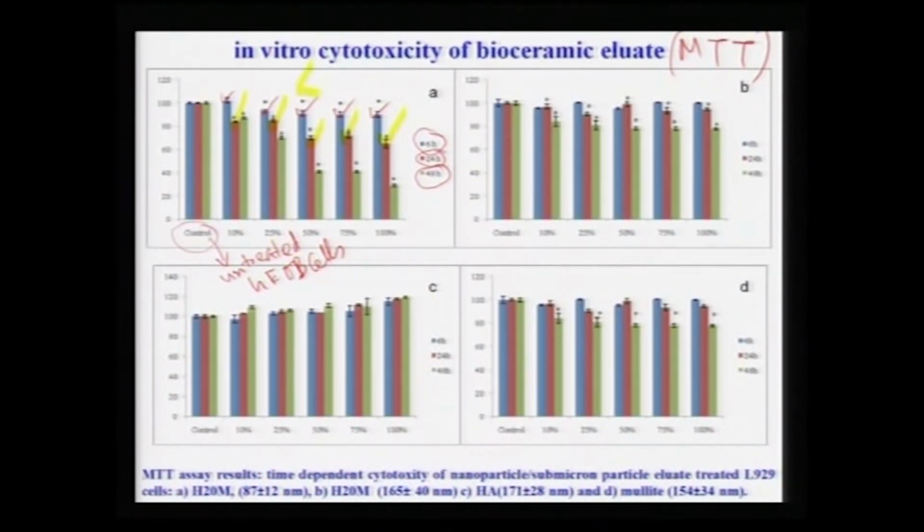And this is the case for the less than 100 nanometer particle size. This is the case for the greater than 100 nanometer particle size. This is for pure hydroxyapatite, and this is for pure mullite.